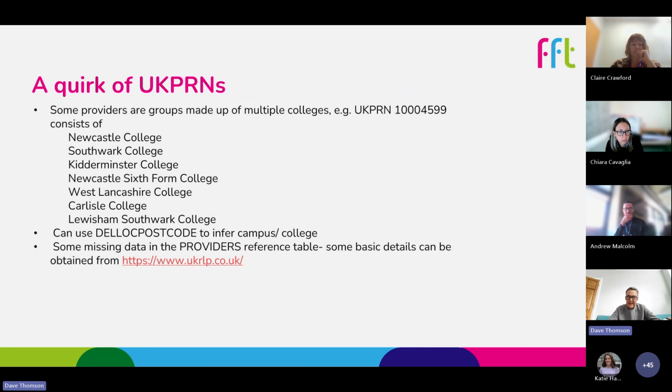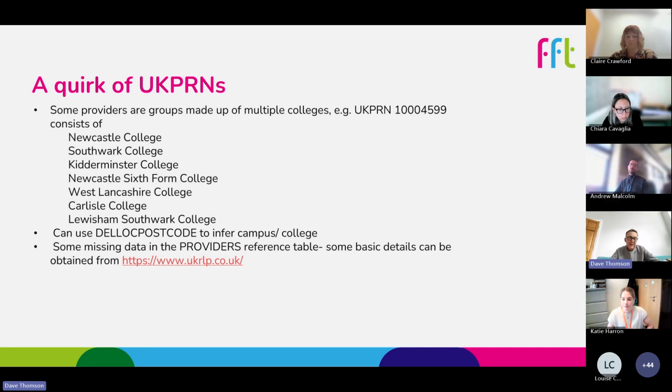I've given you the example there of UK PRN 1000599, and that actually consists of several colleges spread all over the country, but they all share the same UK PRN. You can use, in the aims data, a column called DELLOC postcode, delivery postcode, to infer the campus and college.